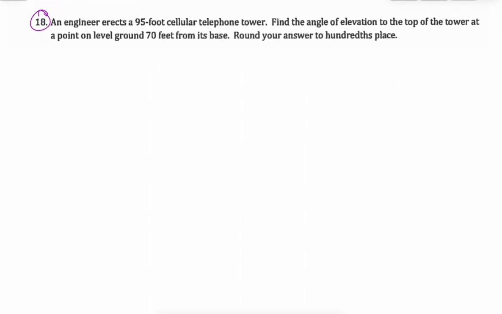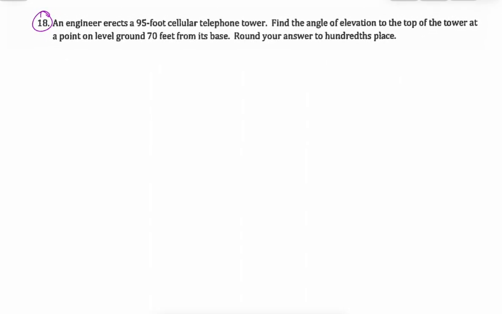There are going to be a few where you're going to have to set up your triangle. These are right triangle SOHCAHTOA type problems, so don't expect that they're anything more than that. They're pretty basic and straightforward.